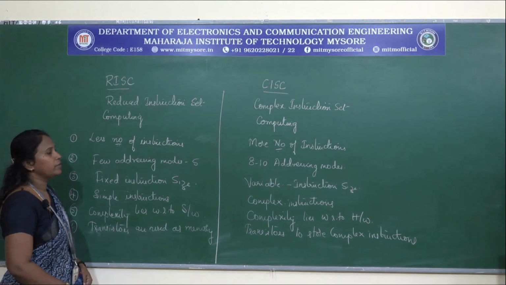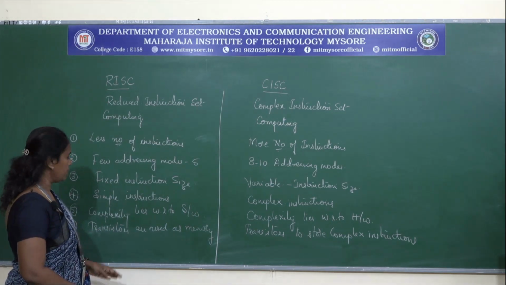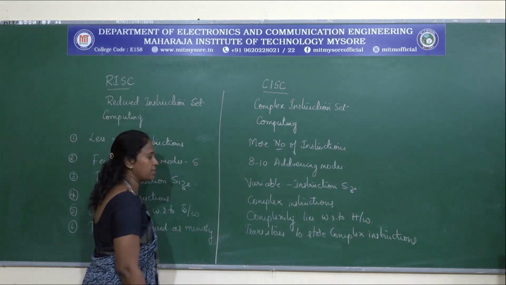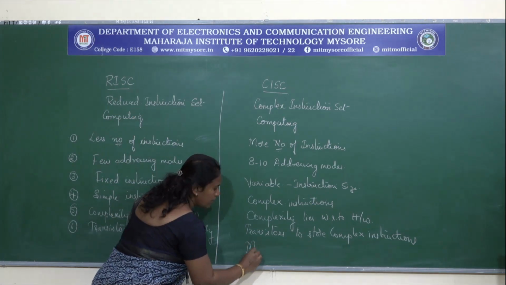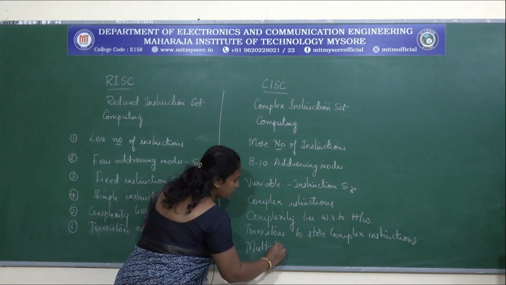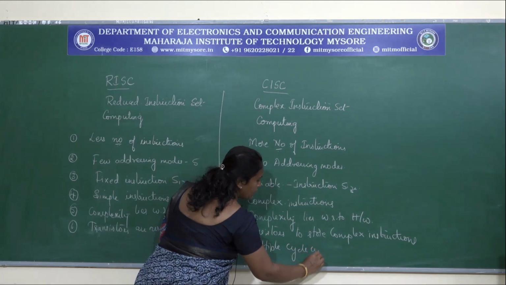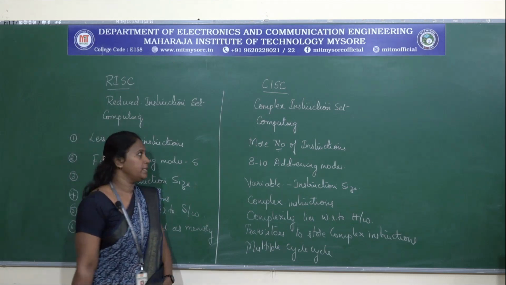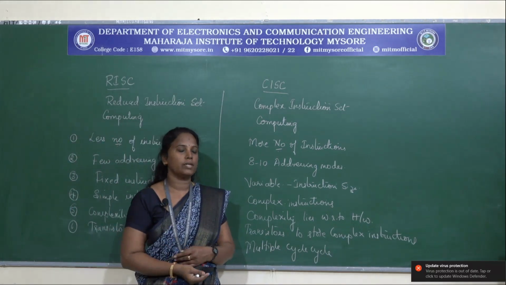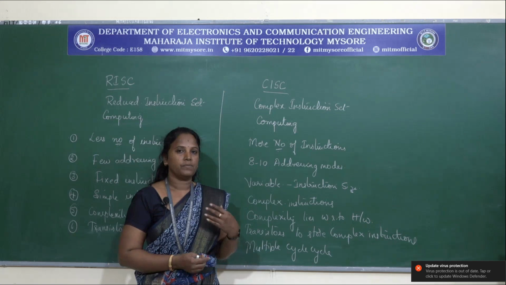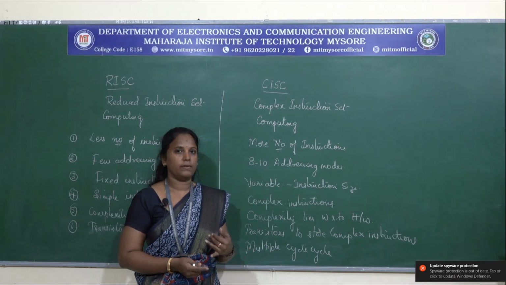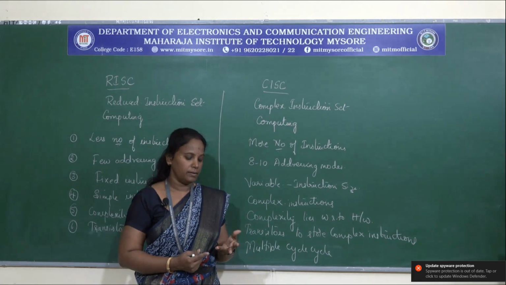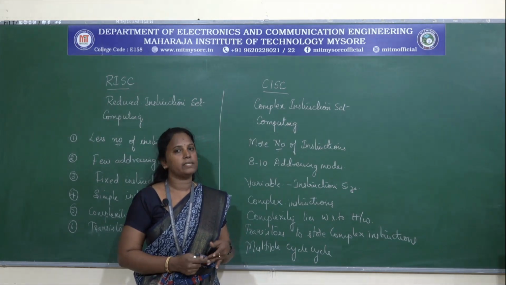In the case of CISC, since it has complex instructions, it requires multiple clock cycles. Clock cycle in the sense, in processing of an instruction, it can take 3 or 4 clock cycles, where we have a fetch state, then decode as well as execute.